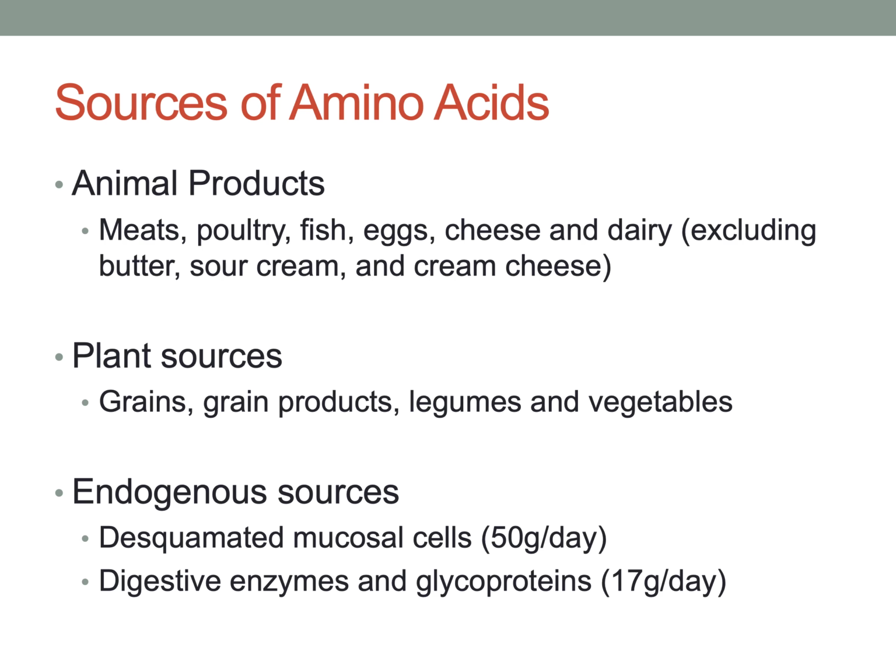But a really simple rule of thumb to make sure that you're getting all 9 is to combine grain products with legumes. So anytime you combine beans with rice, or seitan, which is a wheat-based product, with tofu, you're going to get a complete protein in the sense that all 9 essential amino acids will be there in high amounts.